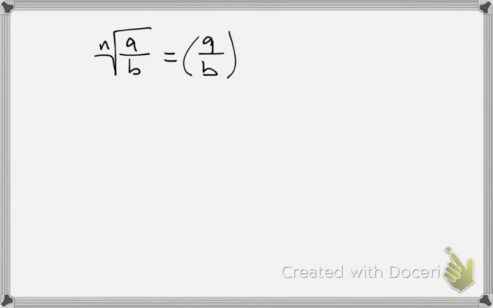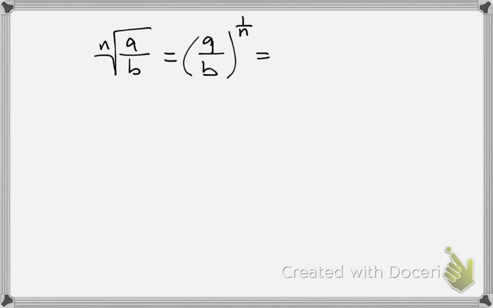All right, so what happens if I take the nth root of a fraction a over b? Well, I can change that to its rational exponent form. So this would be a over b raised to the 1 over n power. You guys agree? And we know what to do with a fraction to a power.